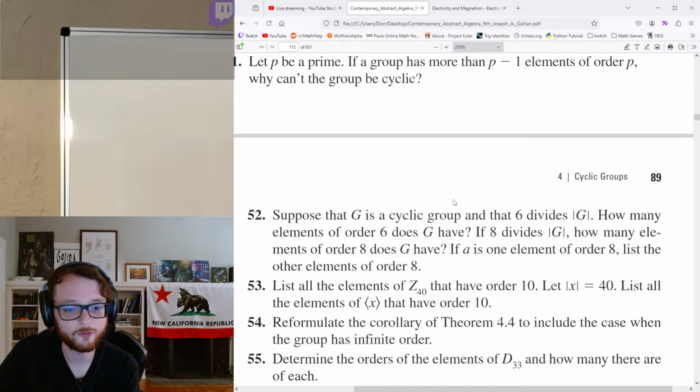Shoot, there's a trick with this. It's like it's gonna be like the order of G divided by something.